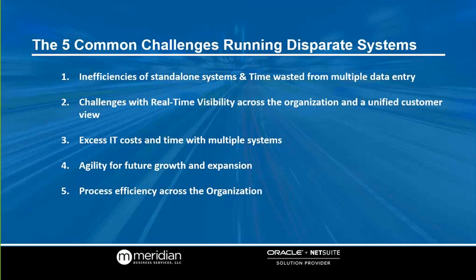And oftentimes the disconnected nature of those systems requires multiple data entry, wasting time, or just inefficiencies in the process flow between those systems. It also creates challenges with real-time visibility. So being able to line up data in one system to data in another to get the full picture either of your customer, or of your inventory, or of the organization.